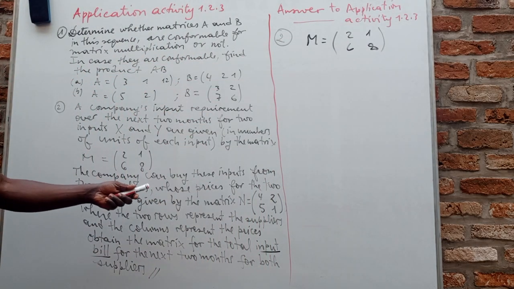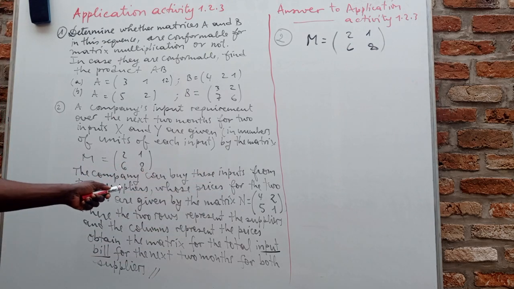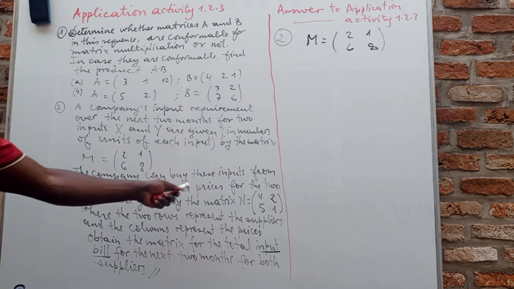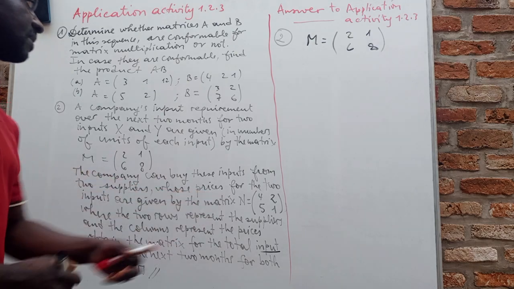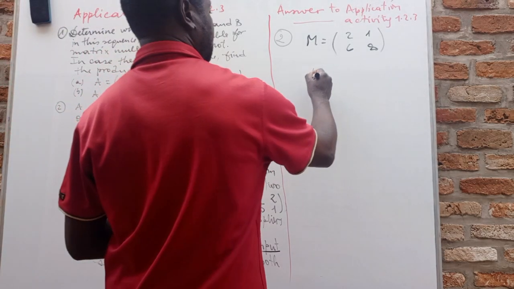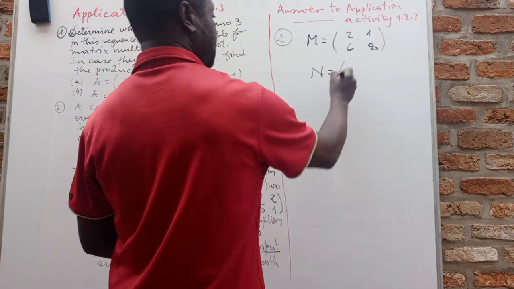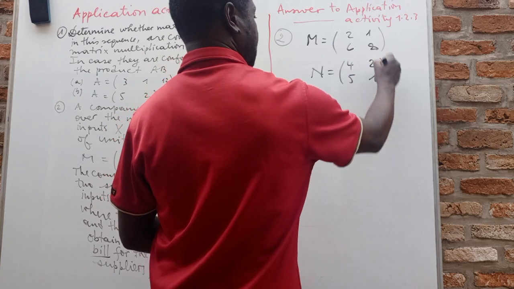Now the company can buy this input from two suppliers, whose prices for the two inputs are given by the matrix N. We have matrix N with components 4, 5, 2, 1.